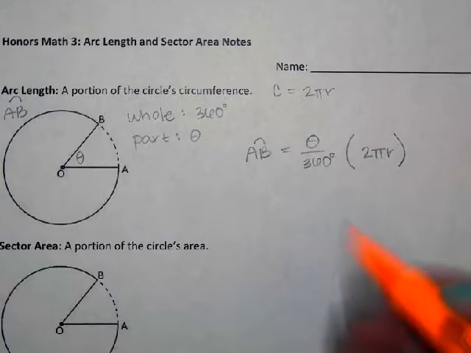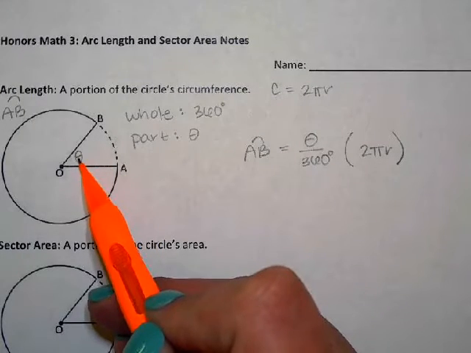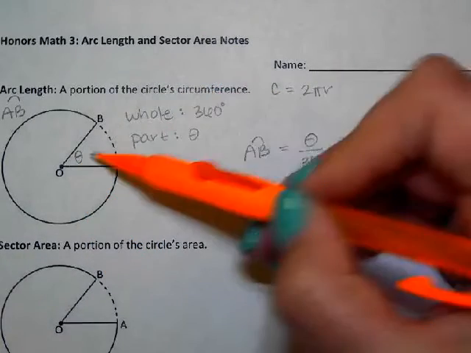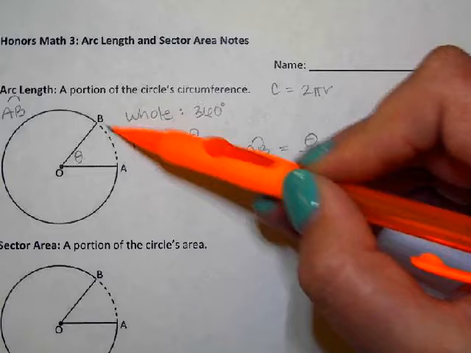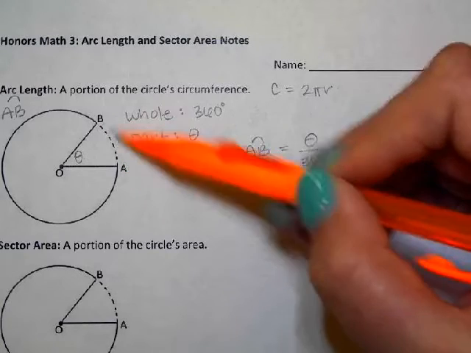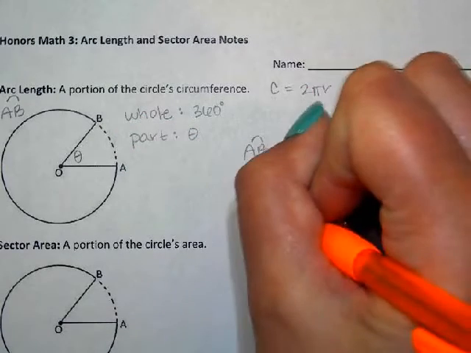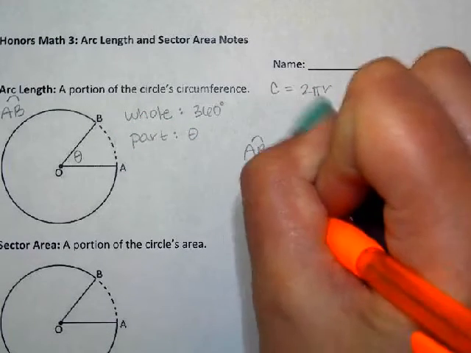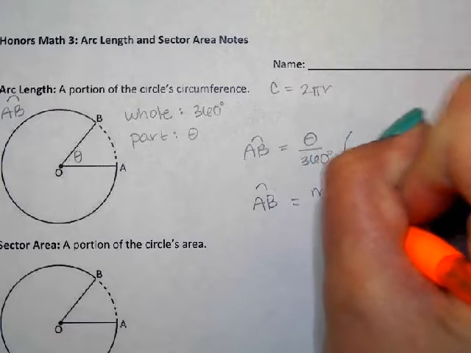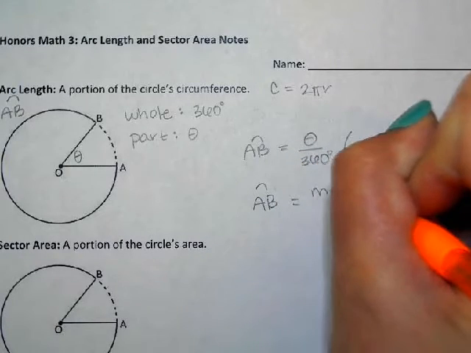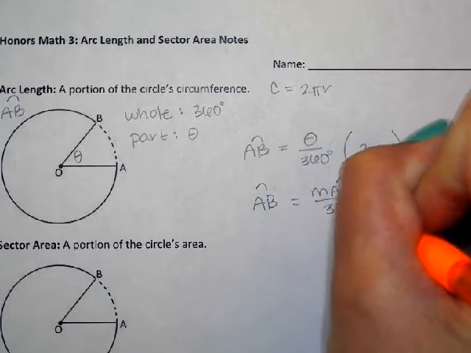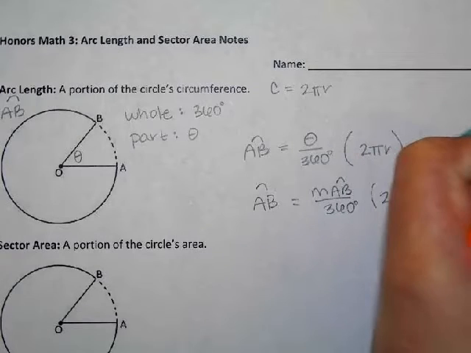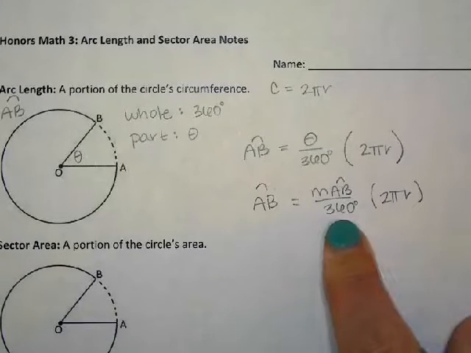Another way you can see it written is maybe they didn't use the angle here. Maybe instead of the central angle, they used the measurement of the arc. So they could also write the formula as the arc length AB is the measurement of the arc divided by 360 times 2 pi r. It's exactly the same thing.